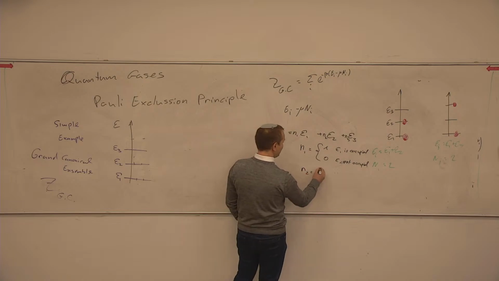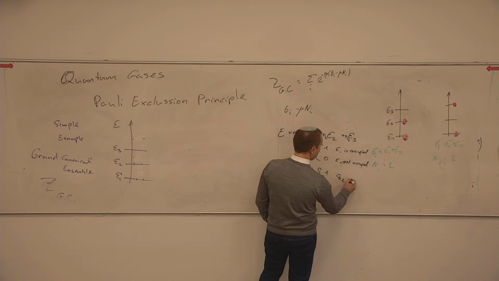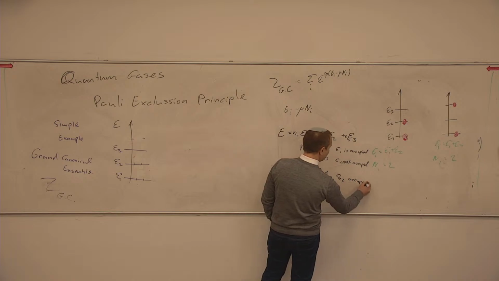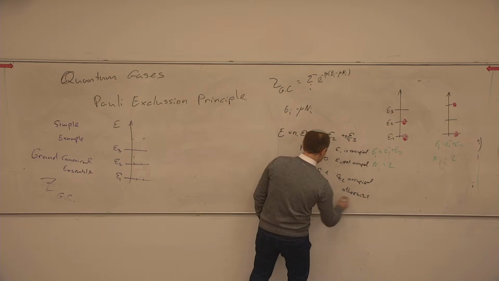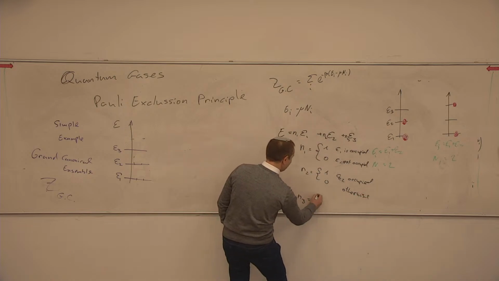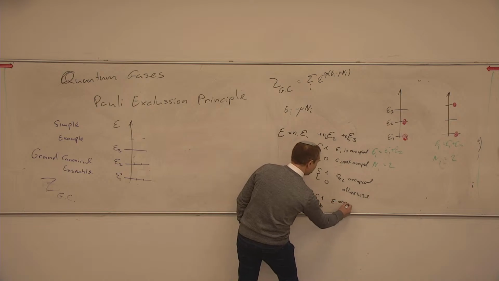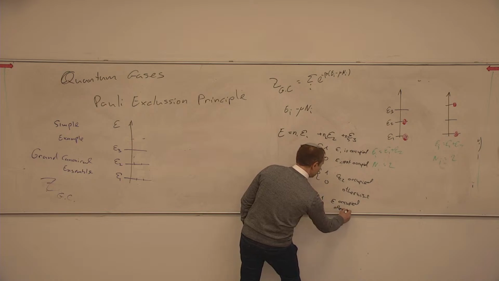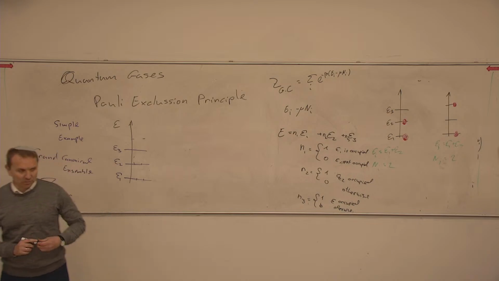And n2 is the same: 1 if epsilon 2 is occupied, 0 otherwise. And I'm saying the same thing, n3 is 1 if epsilon 3 is occupied, 0 otherwise. So basically, I invented occupation numbers.